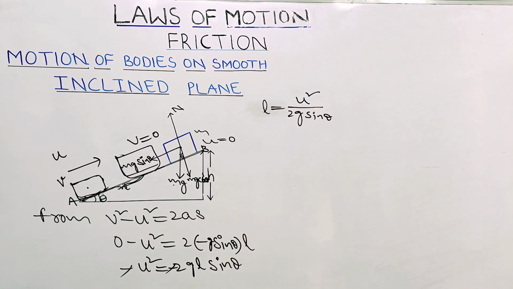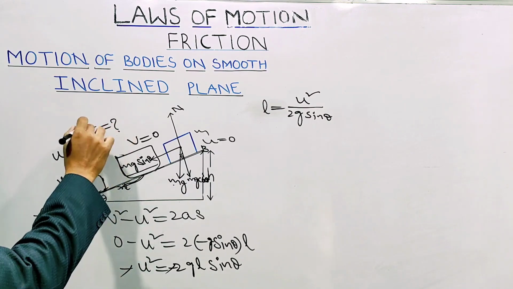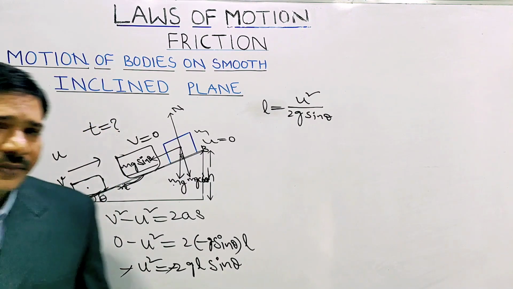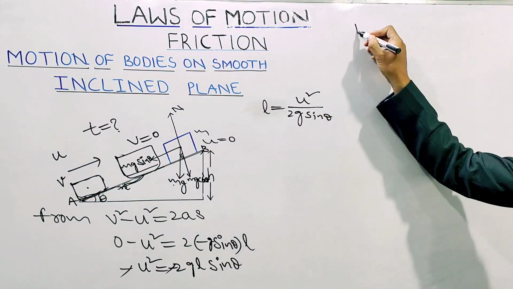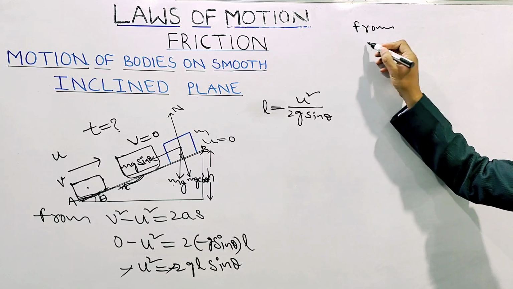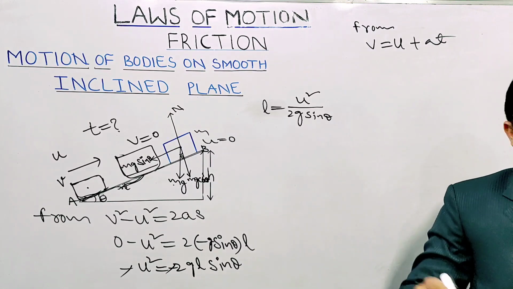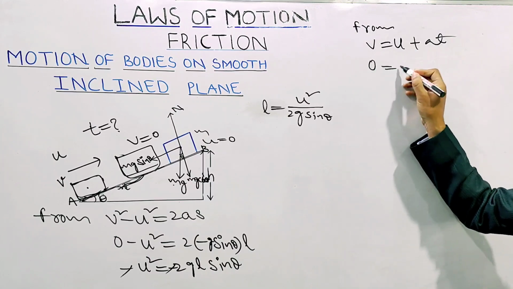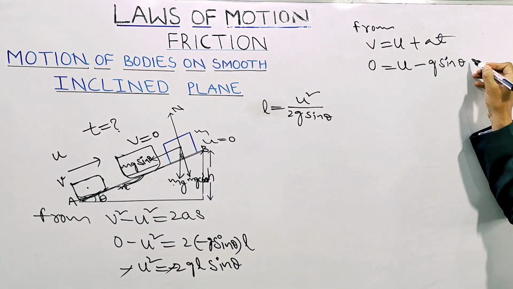Okay, so next, if they ask how much time it will take to reach up, that is, after how much time the body comes to rest. From the formula v equal to u plus at, v is 0, u is u only, and a is minus g sin theta, so 0 equals u minus g sin theta into t.